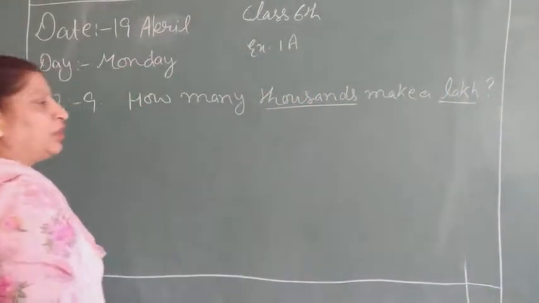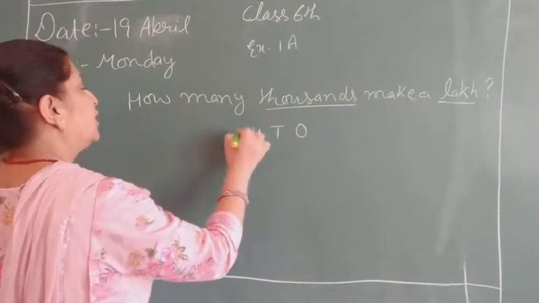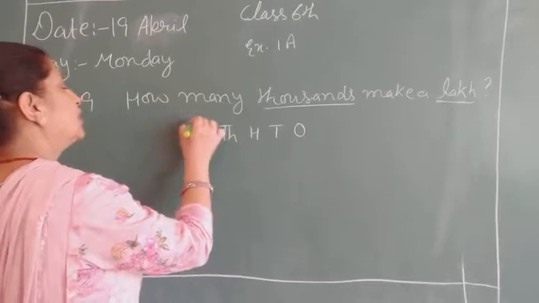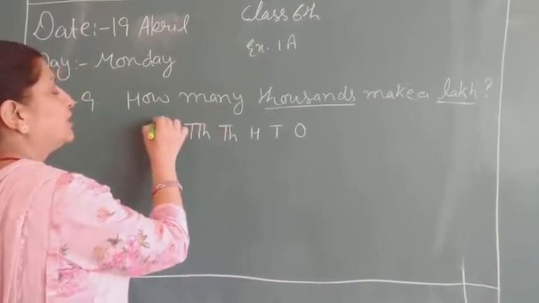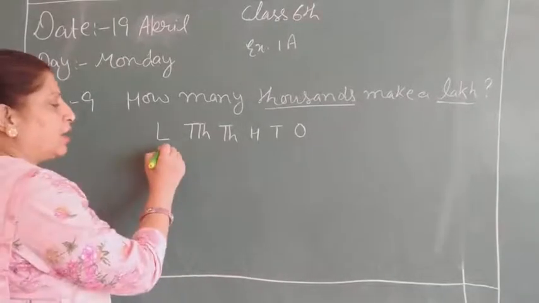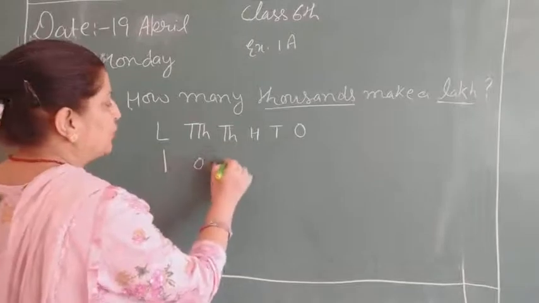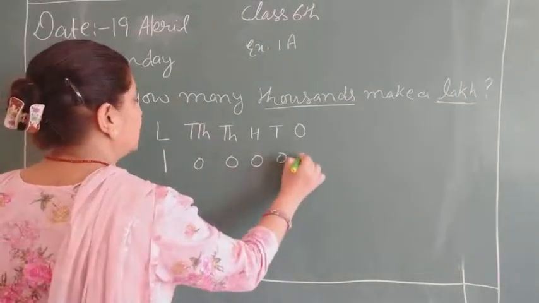So first of all, we write the places: ones, tens, hundred, thousand, then 10,000 and then lakh. Now we write the number, and under the place of lakh we put 1 and the rest of the places we fill with 0.